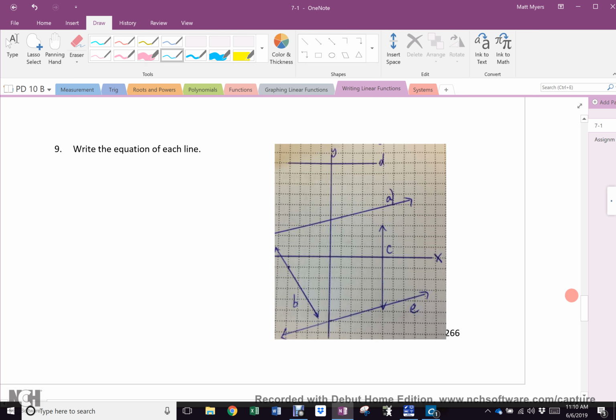Now, I know I said we were going to eschew graphing, but we're not quite, because I want to make sure we're working backwards. What would I use for A? General form, point slope form, slope intercept form. Slope intercept.